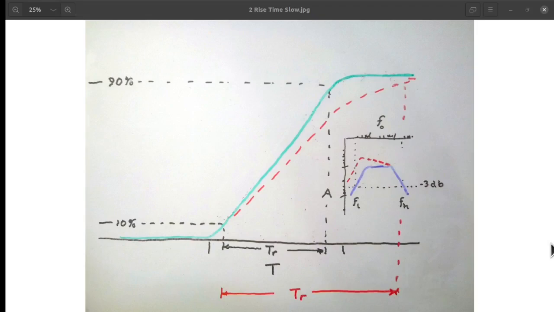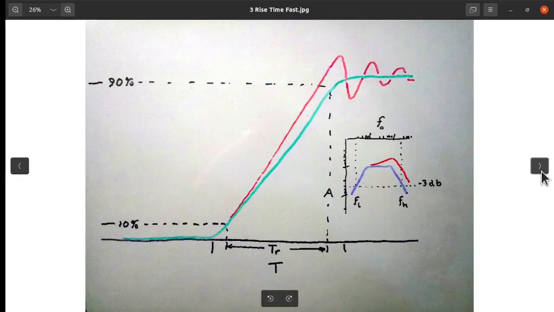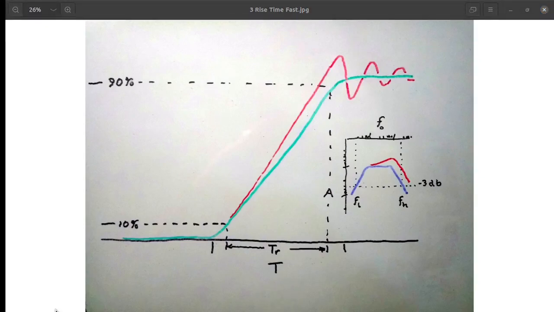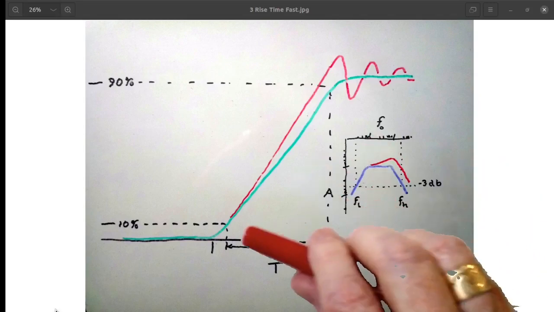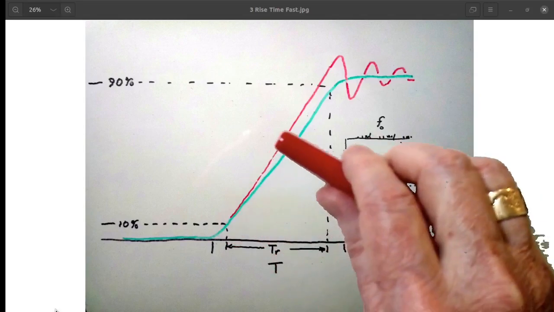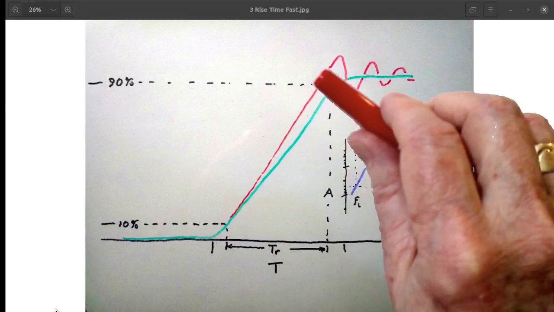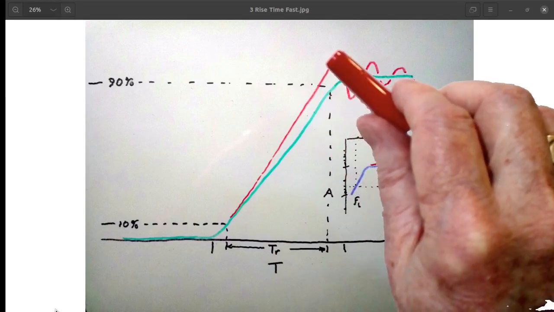Now we're going to look at what's called the overshoot. In this particular instance, our rise time is climbing faster than the signal, so it's leading it.